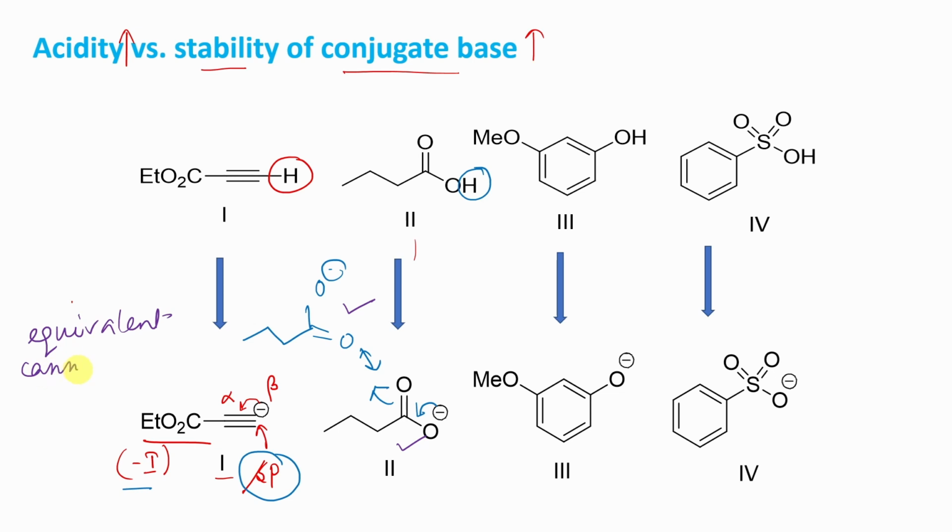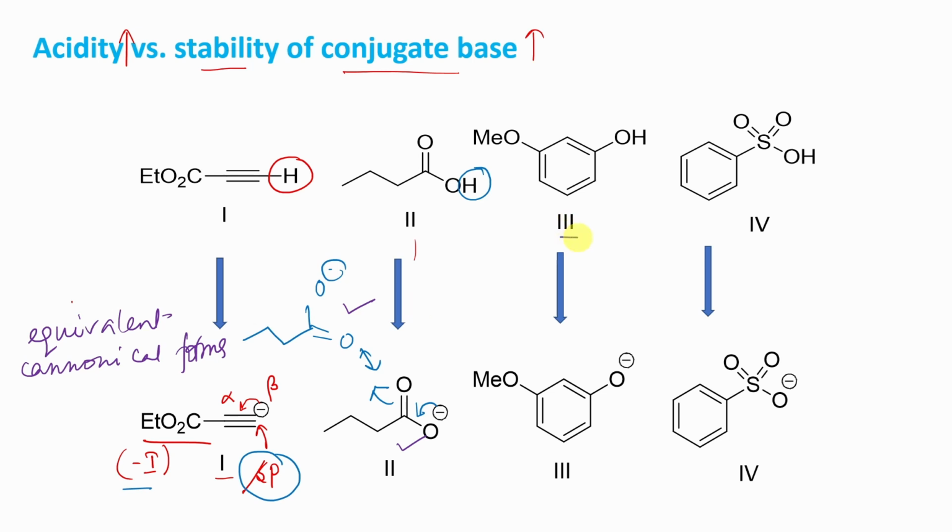And remember, in the case of equivalent canonical forms, the delocalization is very high, because both are the same. So the conjugate base is more stable, meaning the negative charge is delocalized and stabilized.